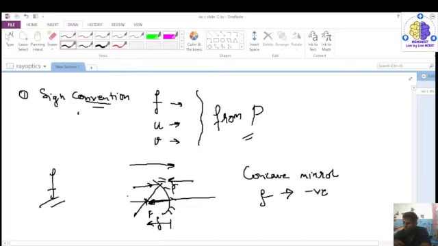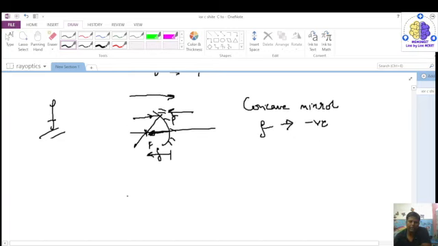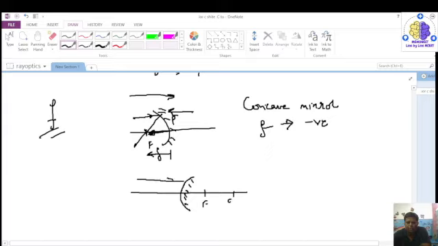Now, if we talk about the convex mirror, this was the convex mirror, and this was the principal axis, center of curvature, and the focus was drawn somewhere here, because the light ray traveling parallel to the principal axis gets reflected like this, as if it is coming from this point.